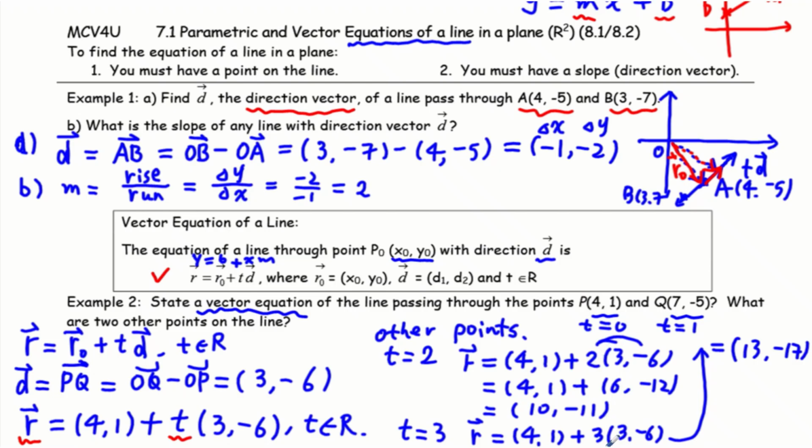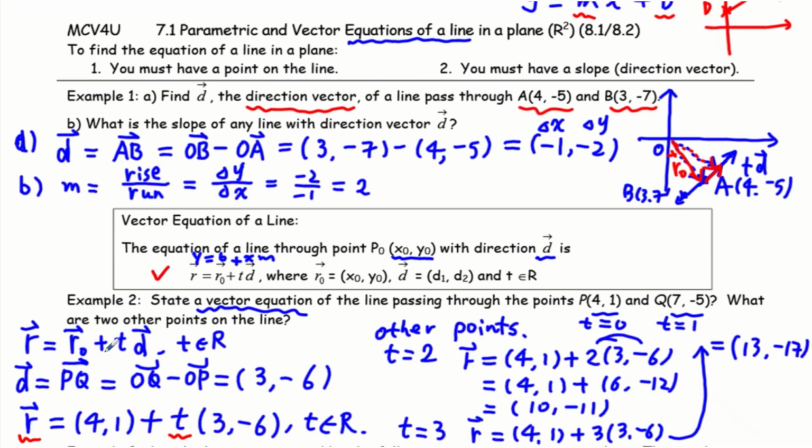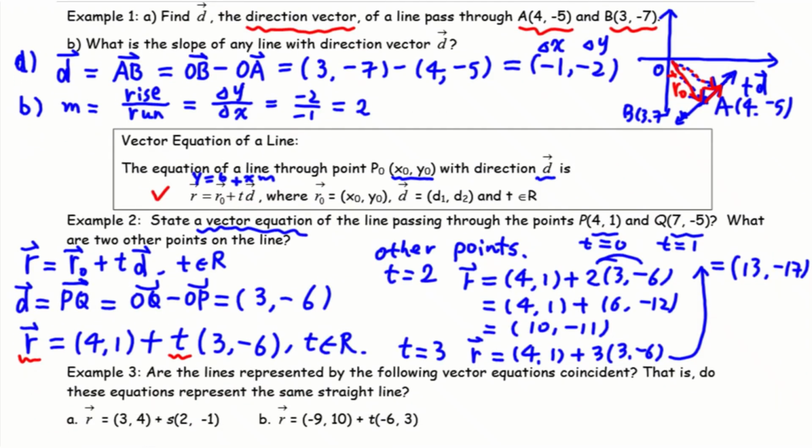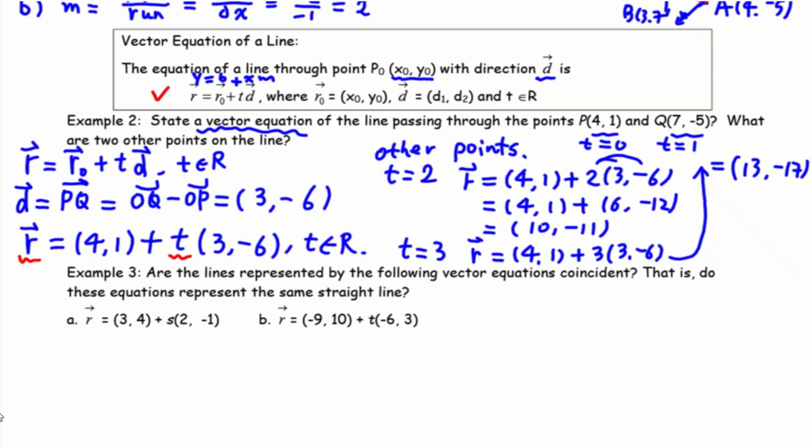Because we have 2, we just need to add another 3, negative 6 here to get the fourth point. Then you will see that this vector equation of a line works. You can find the point on the line. Then we continue to practice more about the vector equation.